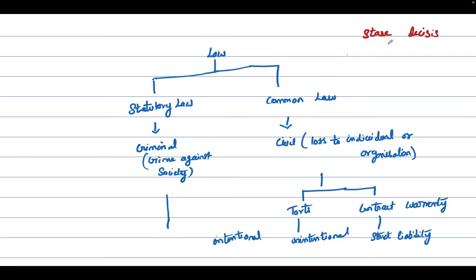It is determined by proving the existence of four elements. Sometimes people use three, combining the last two into one.